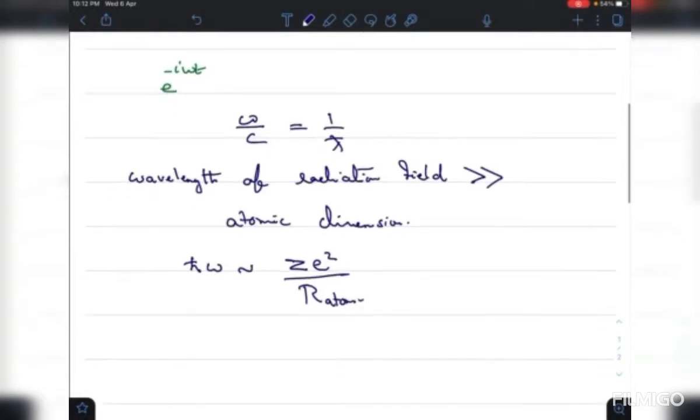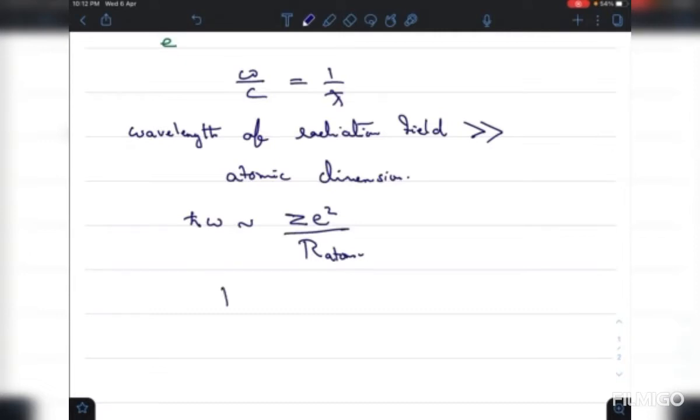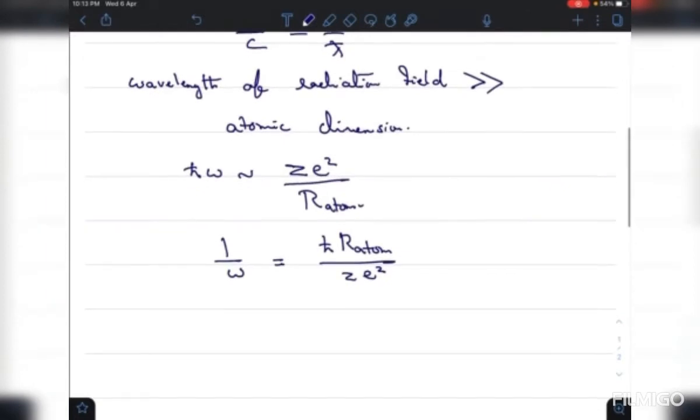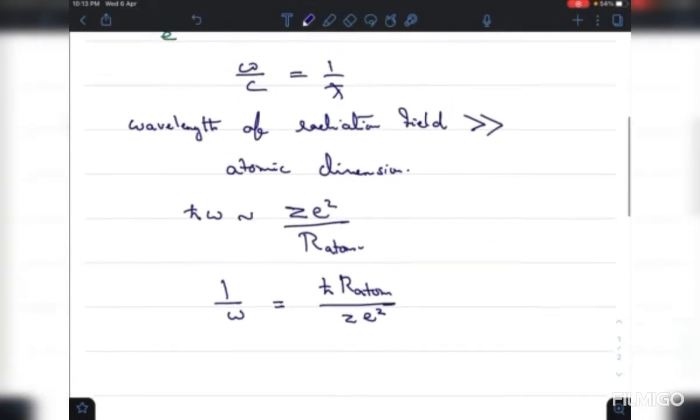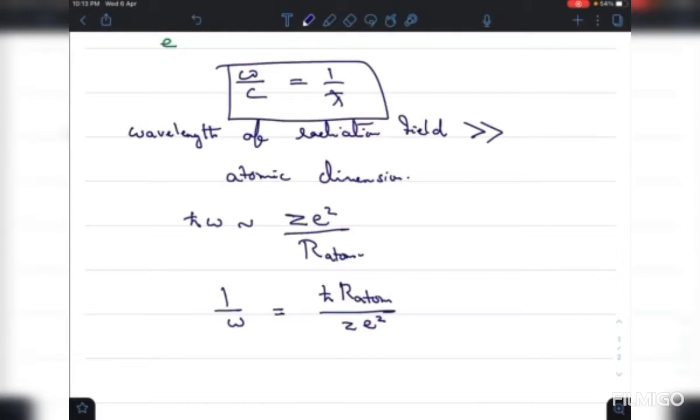Or we can say that 1 by omega is equal to h cross R atom divided by Z squared. Since we have omega by c equal to 1 by lambda bar, we put it in those terms: we have c by omega, just multiplying with c on both sides, equal to c h cross R atom divided by Z squared.